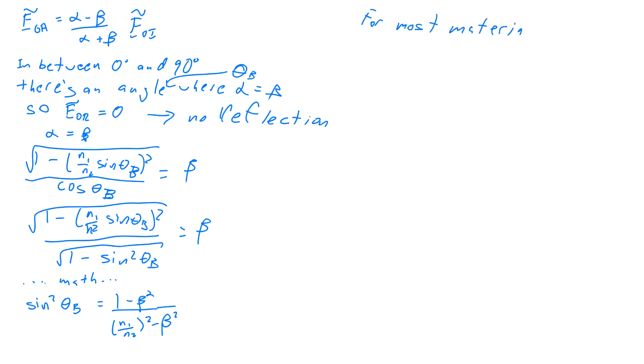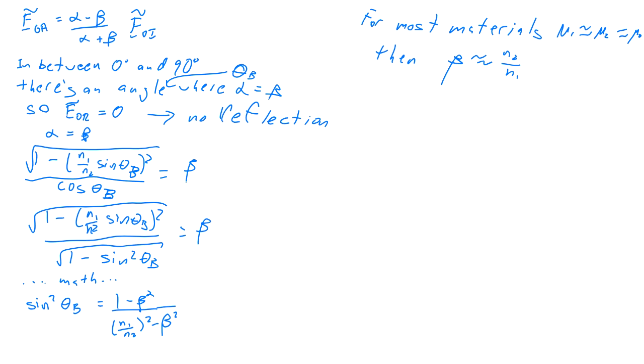Most materials, right? We've got mu1 about equal to mu2, which is about equal to mu0, too. So in that case, beta is going to be about equal to the ratio of just the indices of refraction, because the mu's are equal, so they just give us 1 in their ratio.